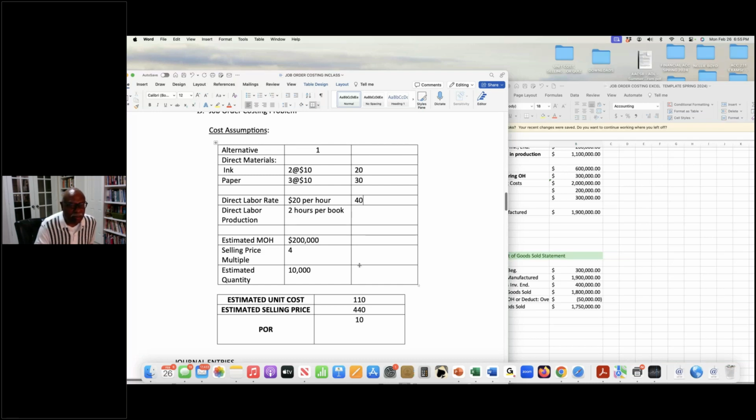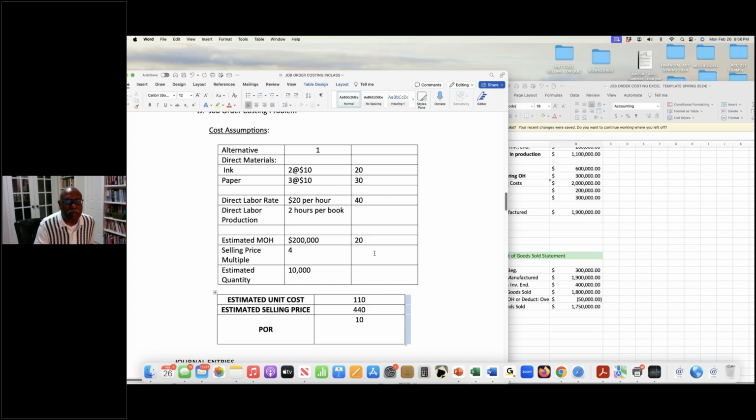MOH, we would simply divide the 200,000 by the 10,000 quantity. So that would be 20, correct? So we add all those together. Do we get 110? 20, 30, 40, 20. Is that 110?